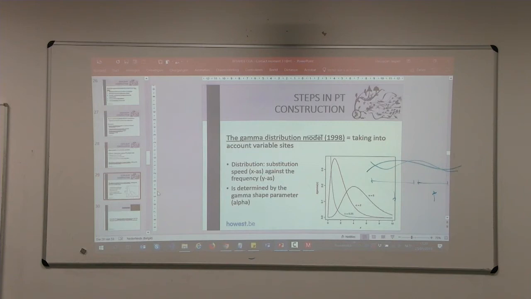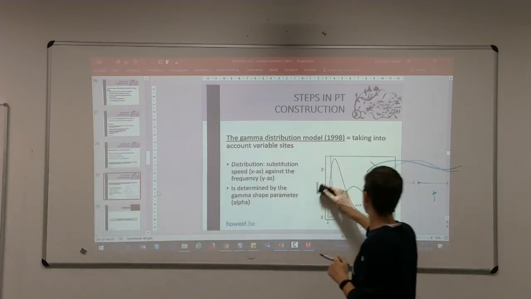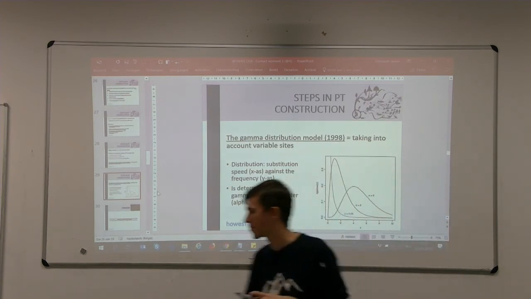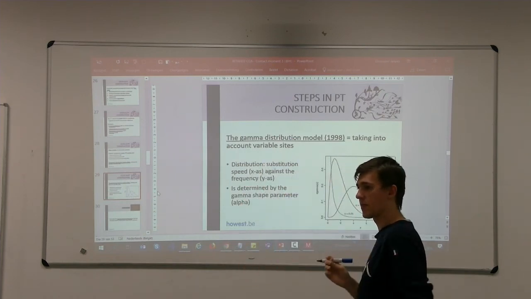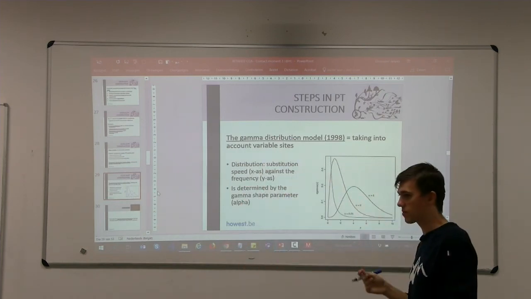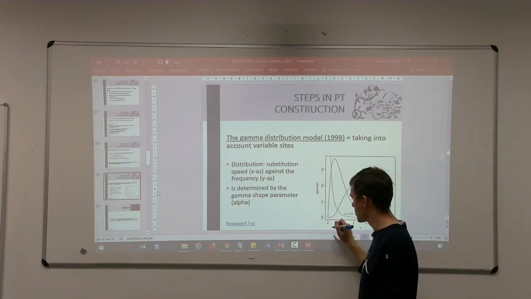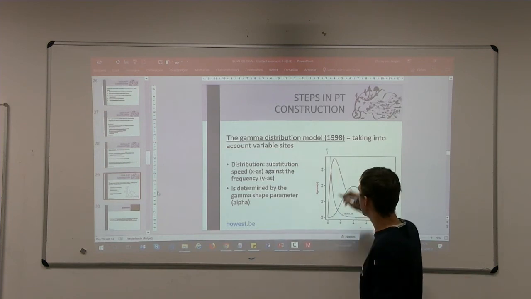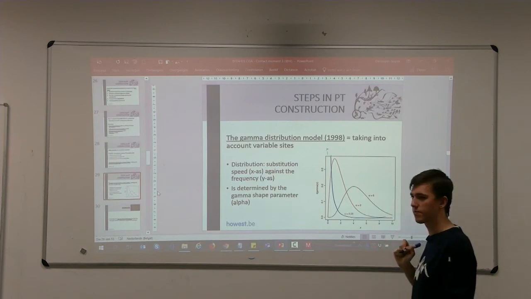If we look at this distribution model, we can plot the substitution speed on the x-axis against the number of positions having this speed. If every position in my sequence has the same speed of evolution, we will always have a low speed of evolution, but a very high frequency. And this is indicated with this blue curve.